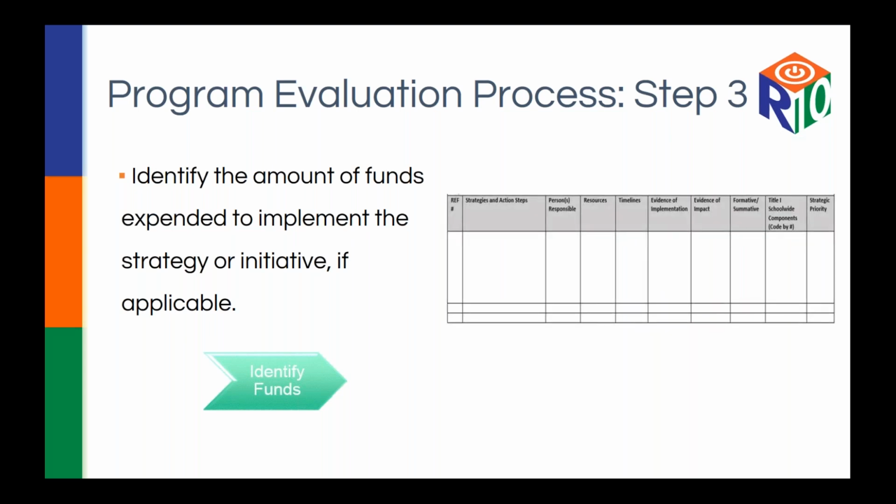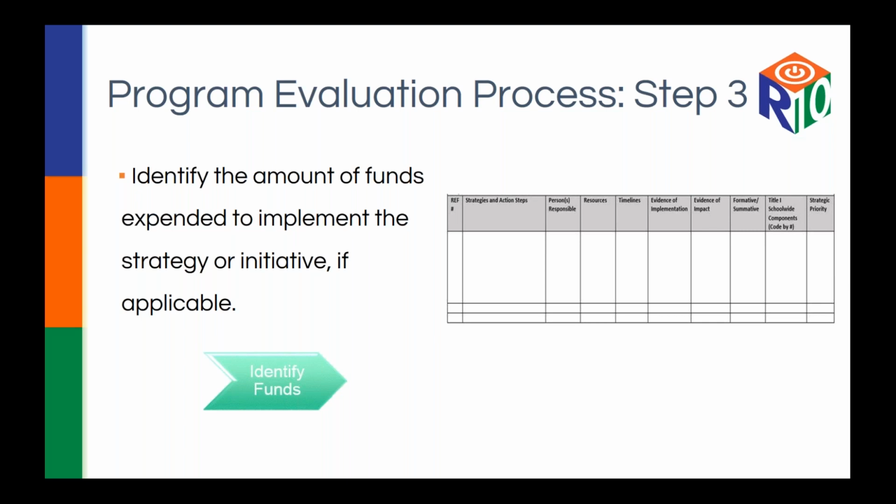Now, I also want to remind you that if you have an improvement plan of any kind, and every campus should according to Texas Education Code, which is totally separate from a federal requirement, you should have in there, next to each strategy, how much you tentatively believe that strategy or its implementation should cost. That usually falls under your resource column.